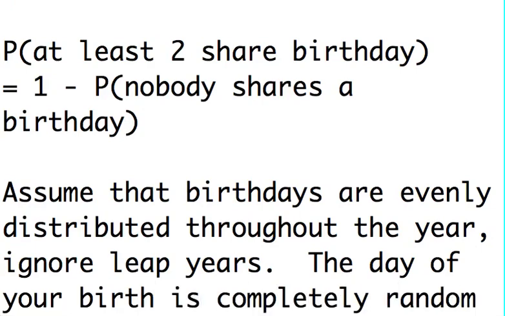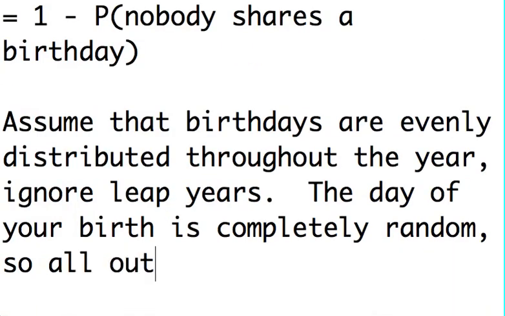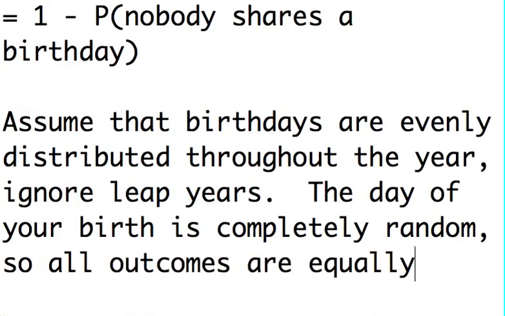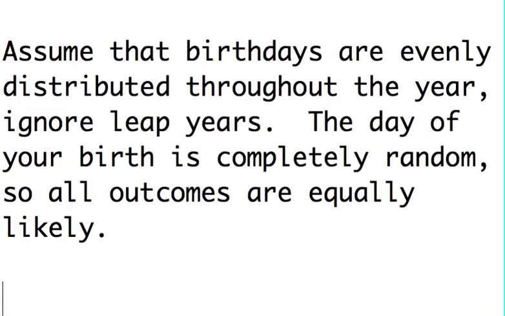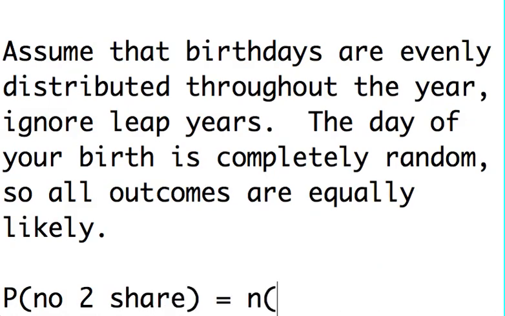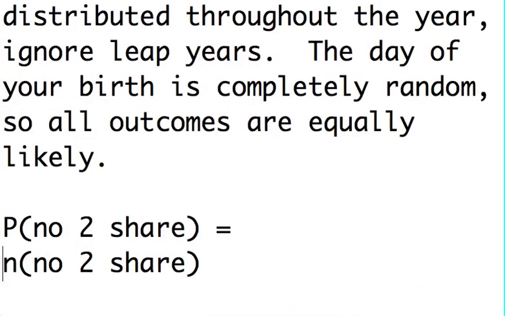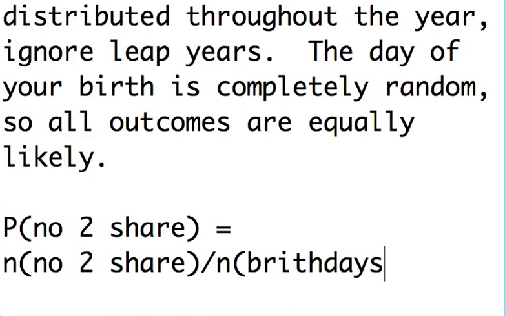It's not really, but all outcomes are equally likely. So to find the probability that no two share, I have to divide the number of ways that no two people can share a birthday by the number of ways that people can have birthdays.